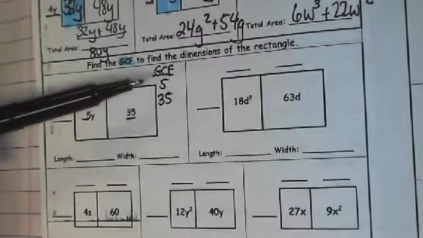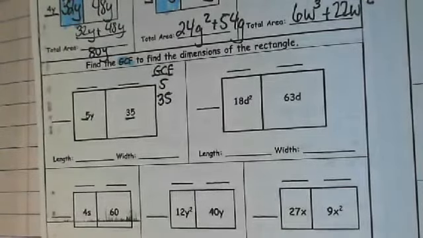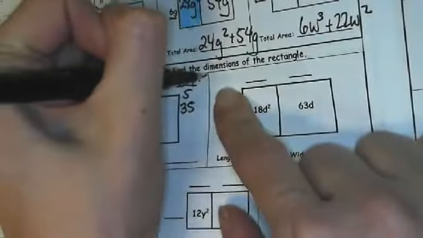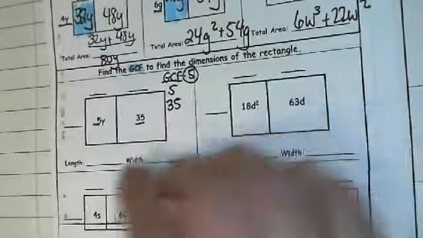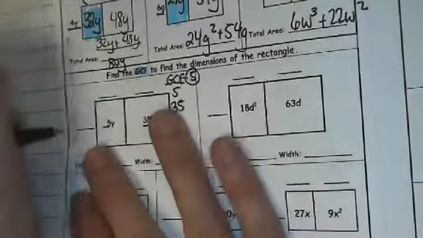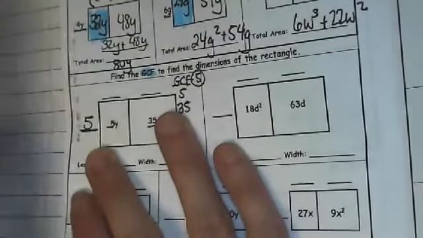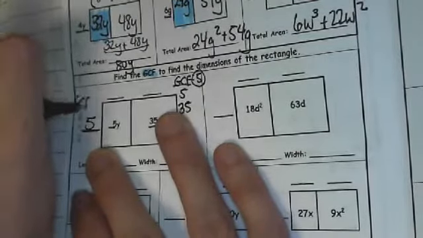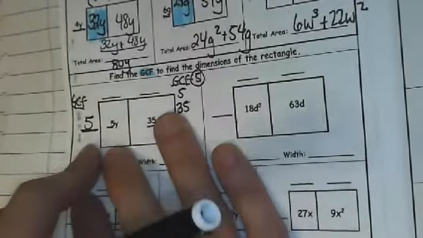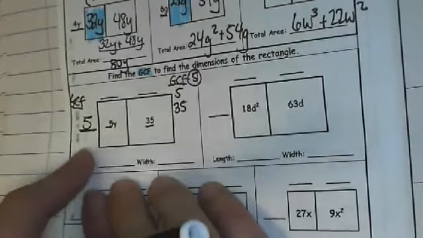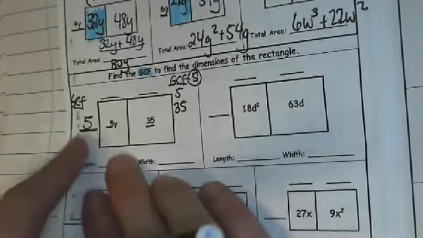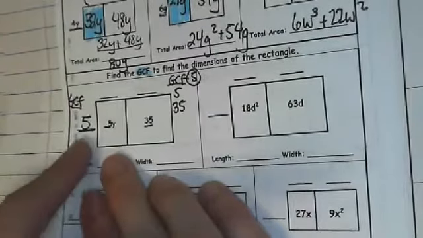So 5 would be the GCF of both numbers. The GCF is going to be right here, outside of the box.